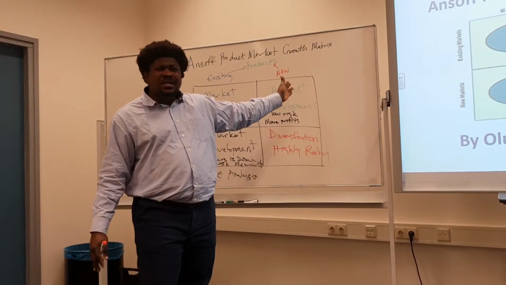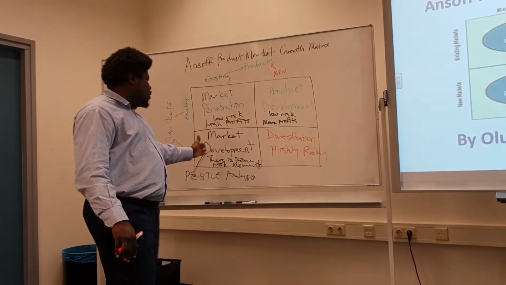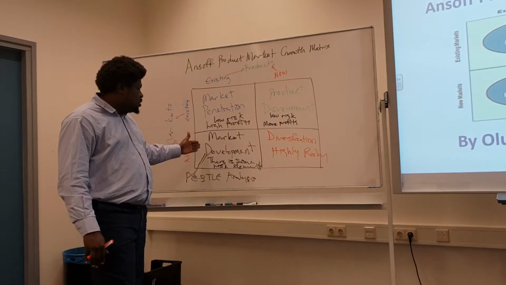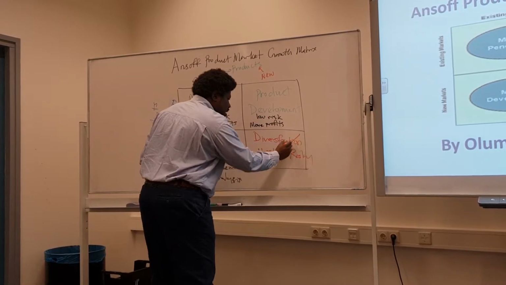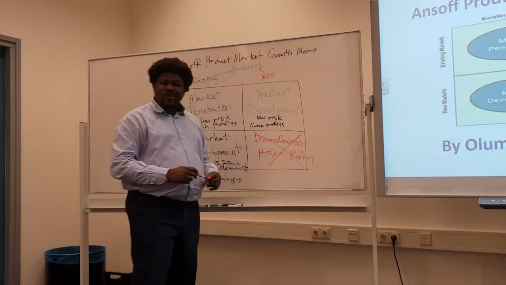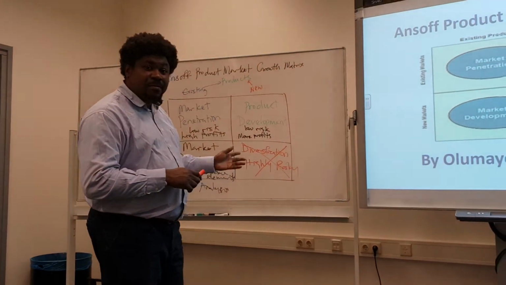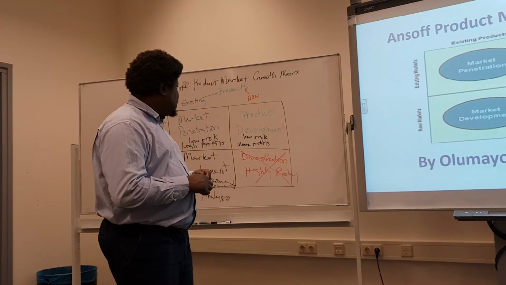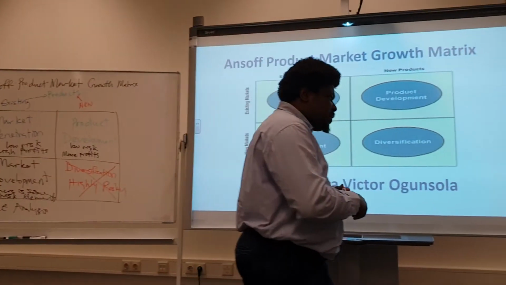Or everybody in this country is tired of our products, they're bored of us now. Please go into a new region where they will be excited about your products or services. I would not advise any organization to go into diversification. That's my view personally as a business teacher, as a management teacher, as a business consultant. So thank you very much. This is the Ansoff Matrix for us.